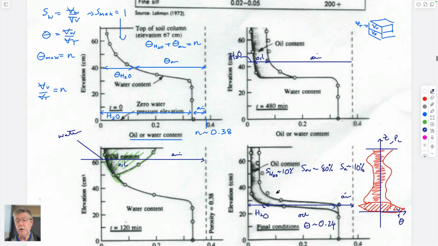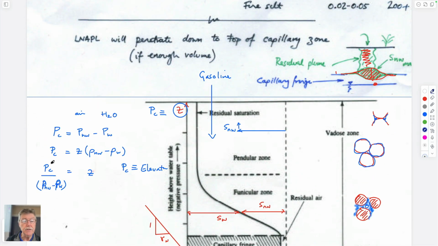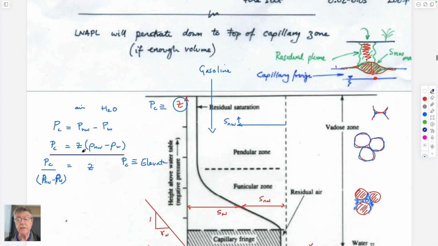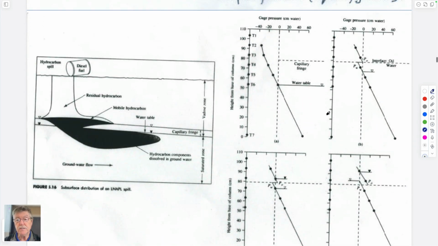The other thing that we know is that as you go higher up in here, this elevation is a unique function of capillary pressure because of the relationship that we just defined here, right? They're related to each other. So you could also get the capillary pressures and how those change with elevation as well. And so they'd be congruent with what we've just done.